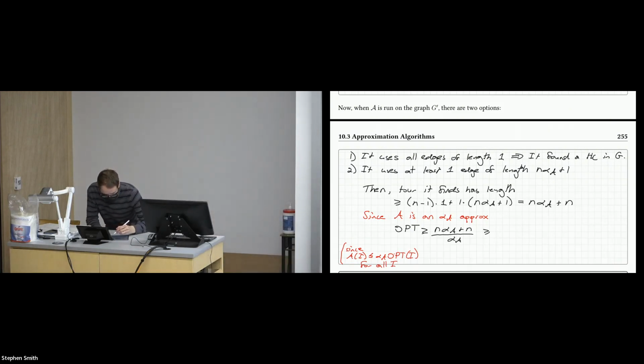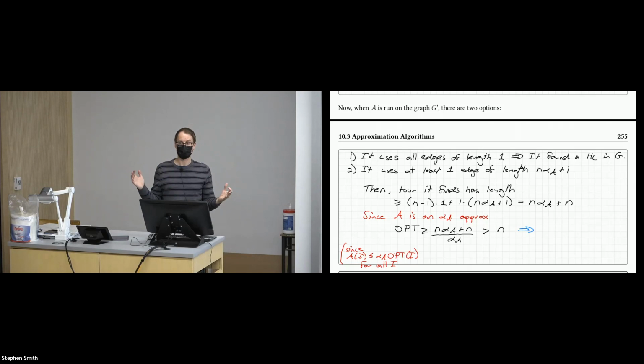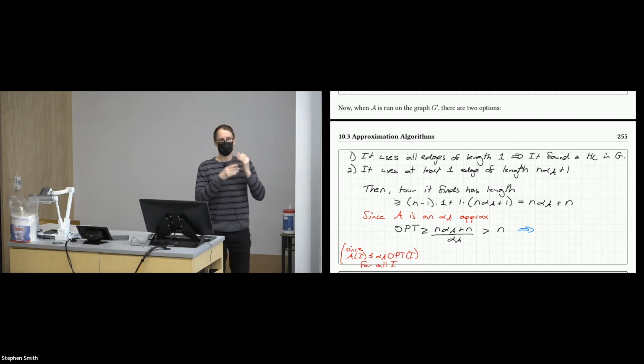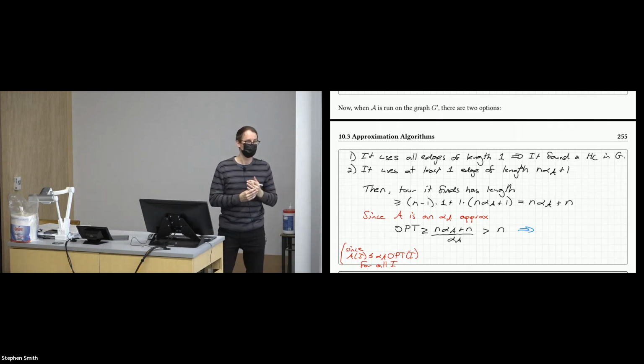I want to have a strict inequality, strictly greater than n, which implies that the optimal tour on that graph I created can't use only length 1 edges, which means there is no Hamiltonian cycle.